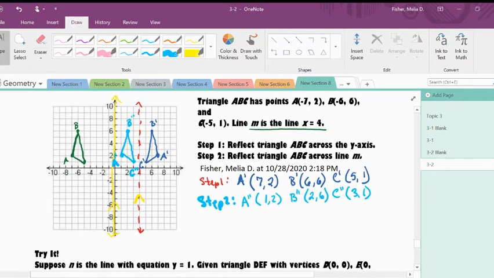So what we're seeing here is that when you have reflections across parallel lines, you end up with basically the same thing as a translation. So if we were to write out what happened, we had a reflection across the y-axis.